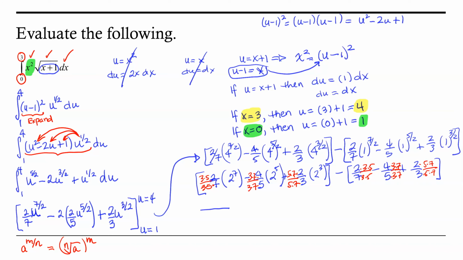So we're going to have something over 105 minus something over 105 plus something over 105. And then we'll need to distribute this minus sign. So minus something over 105 plus something over 105 minus something over 105. So now we need to figure out what these numerators are, right?